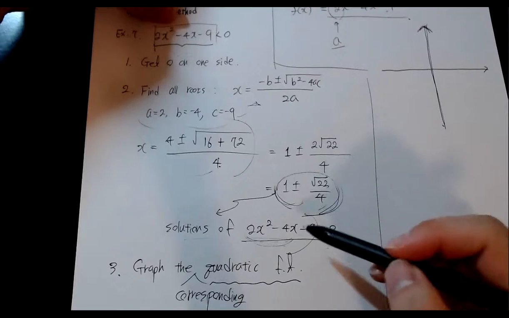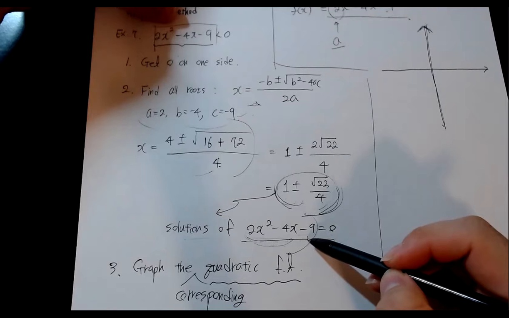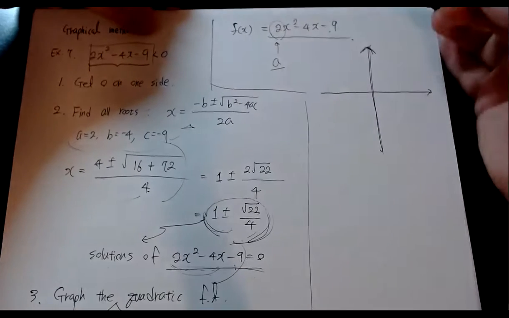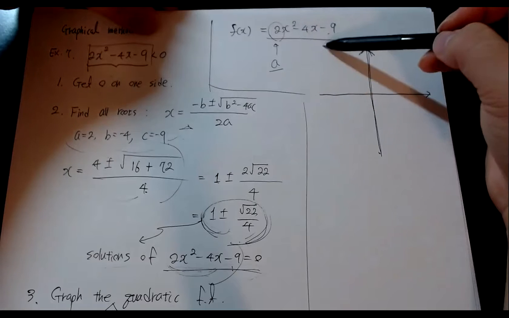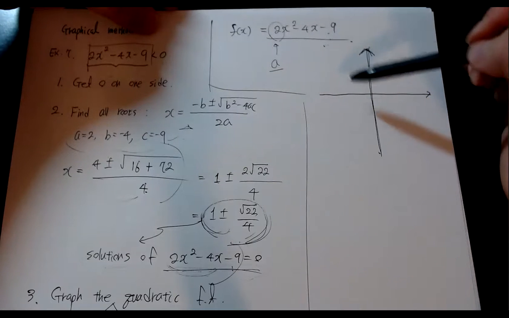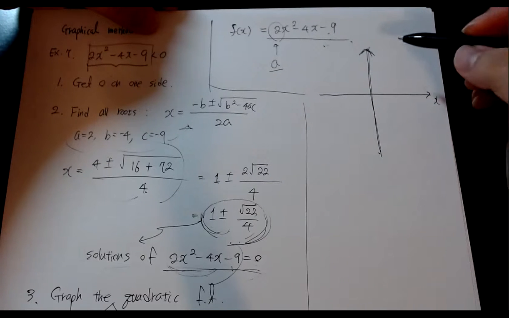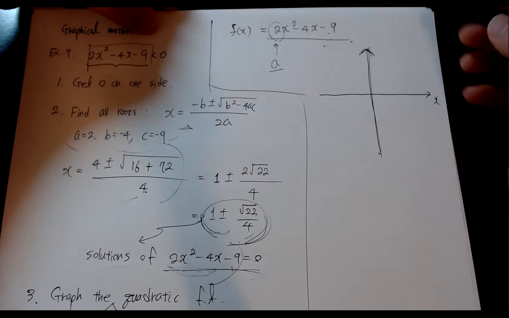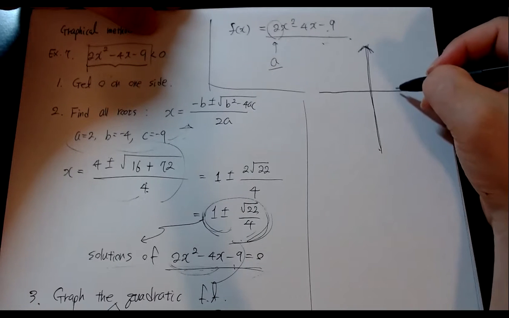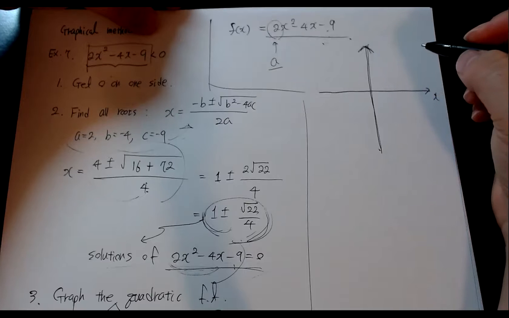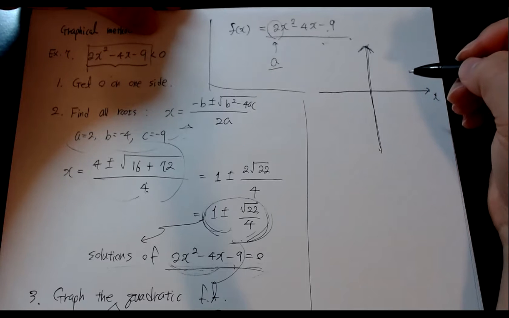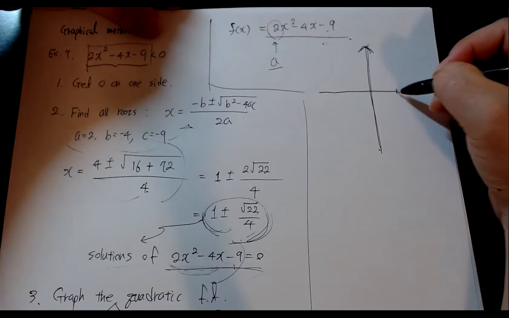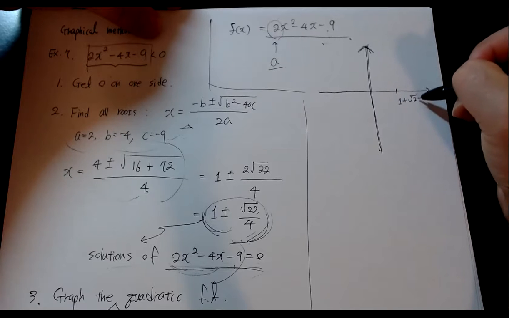So since this quadratic equation has 2 solutions, it means that the graph of this guy, f of x, must pass the x-axis twice. So that graph must be like this. So here's a 1, let's say 1 plus square root 22 over 2.